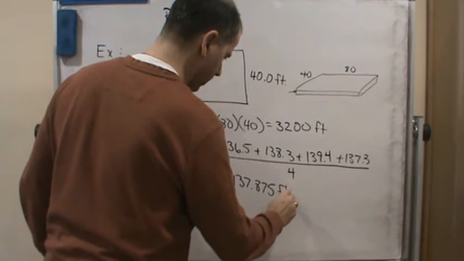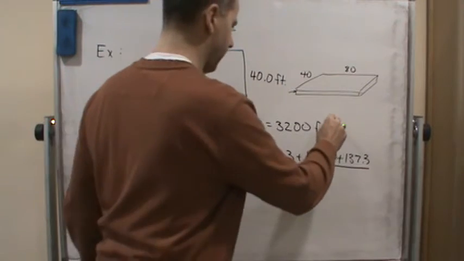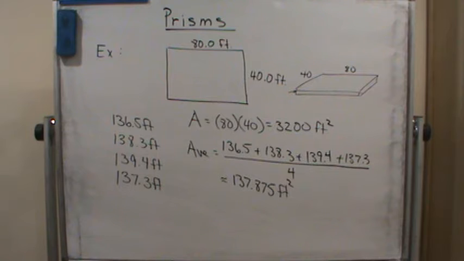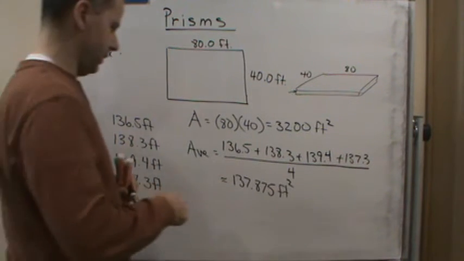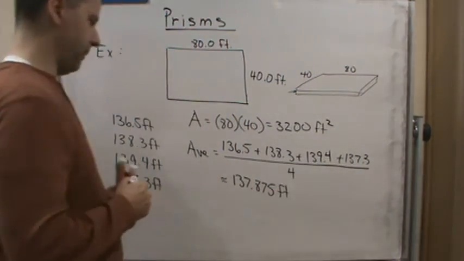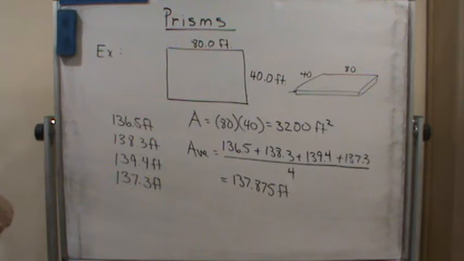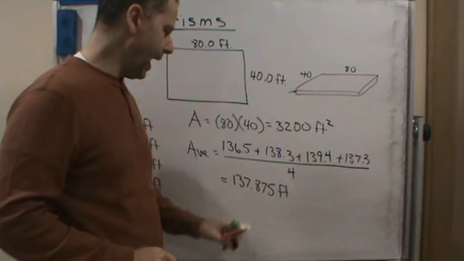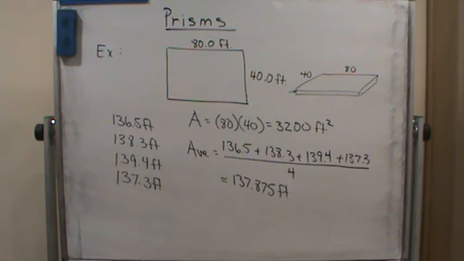Oh no, that's not square feet. This is elevation. So the average elevation is 137.875 feet.